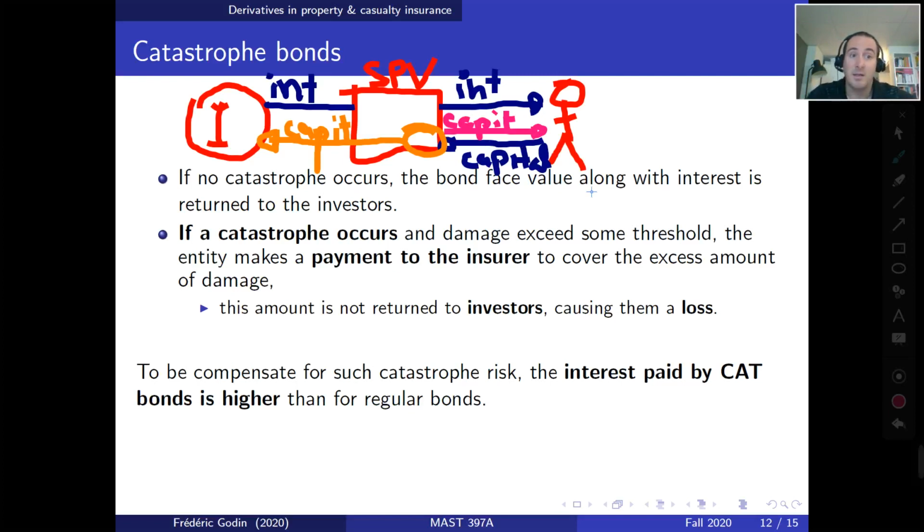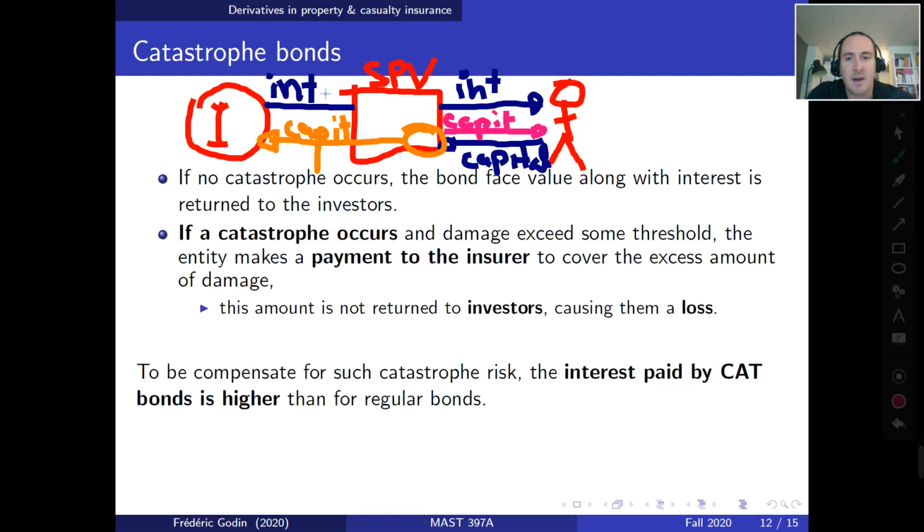If there's not, then they're going to earn a lot more money than they would have if they invested in regular assets. So we see that the investors in that case, their payoff profile for this deal is similar to the one of an insurer. So this in fact transfers a portion of the risk of the insurer to the investors, and now investors behave like insurers.